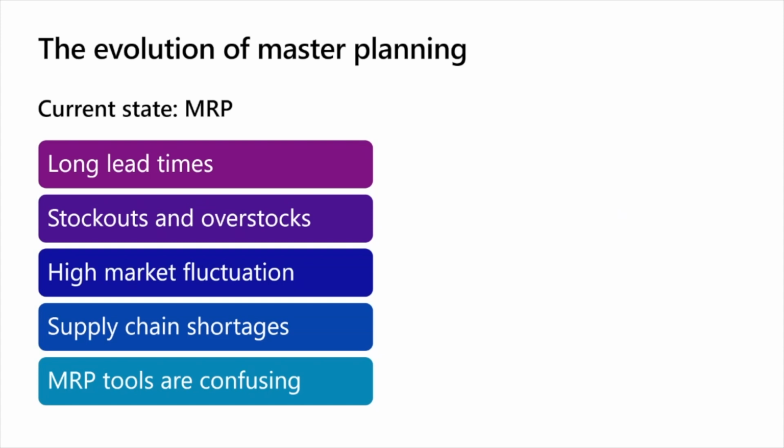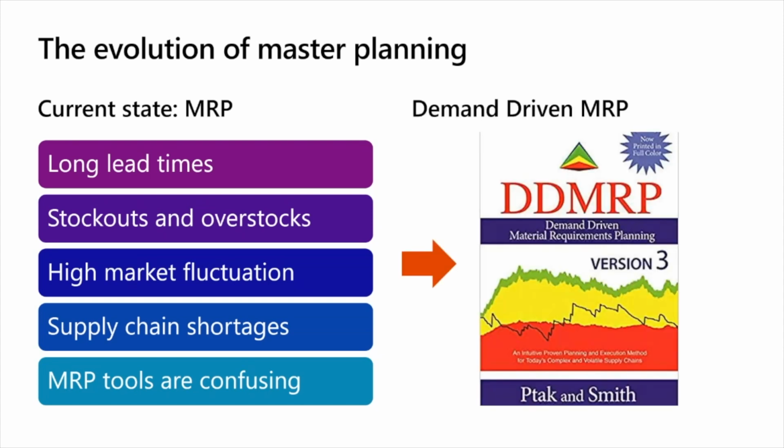In this context is where DDMRP appears. DDMRP, shortening for Demand-Driven Material Requirements Planning, is a formal planning and execution method to protect and promote flow through the establishment of strategically placed decoupling point buffers.